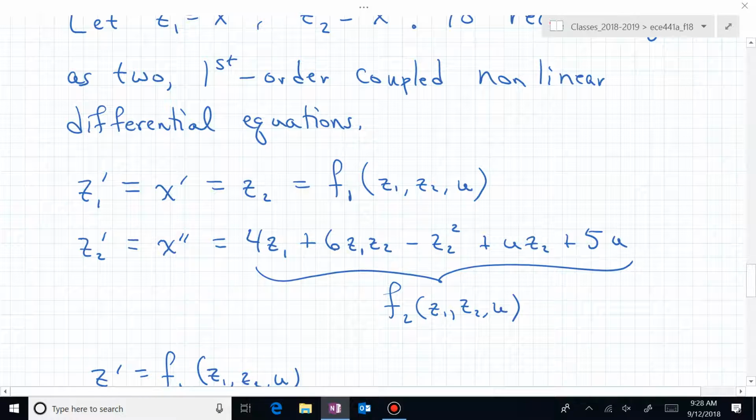We now want to see if we can find values of Z1, Z2, and U that will cause these F's to equal 0. So if we're forcing F sub 1 to be 0, what does that imply? That means Z sub 2 at its operating condition is 0.